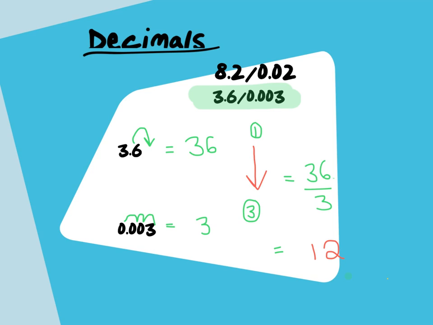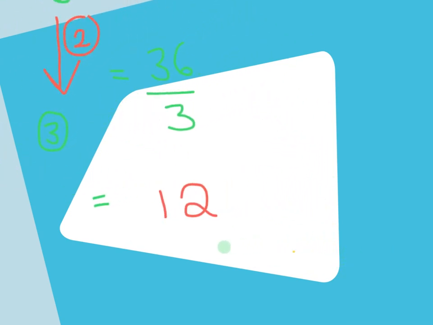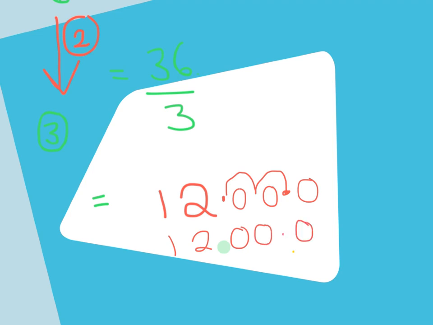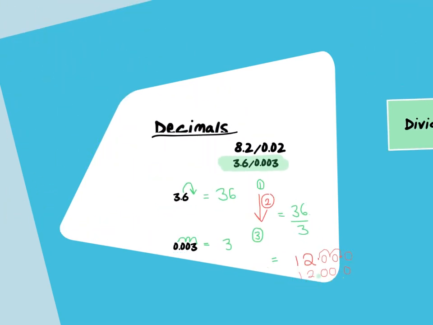From 1 to 3, that means we've moved it 2. So when we look at our value of 12, we've got to move our decimal point 2 times. Okay, so that gives us an answer of 1,200.